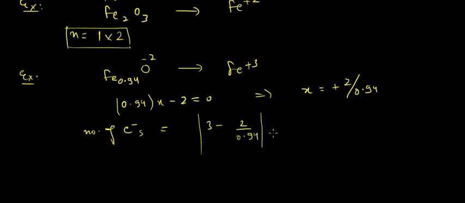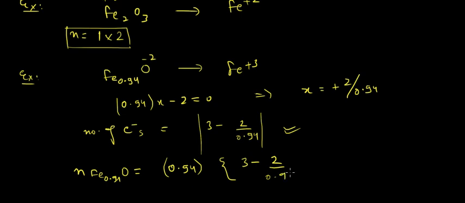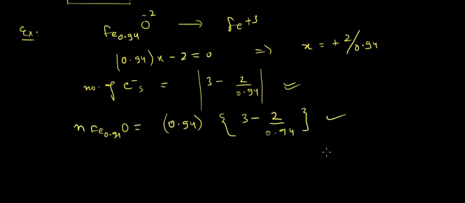And so the n factor of Fe0.94O would be the number of electrons, this, multiplied by the number of moles of Fe in Fe0.94O. So the number of moles of Fe is 0.94 in the overall compound, multiplied with the number of electrons gained or lost, which would be nothing but this. You can calculate from this.